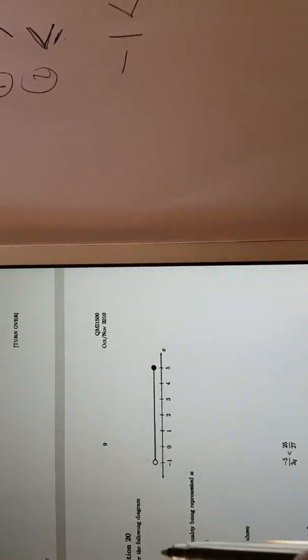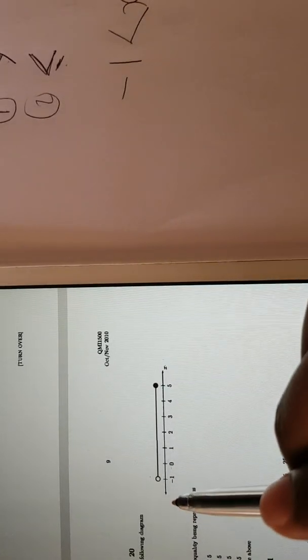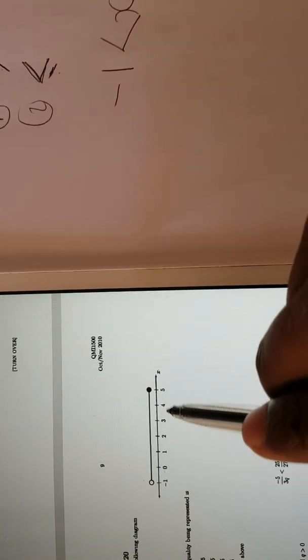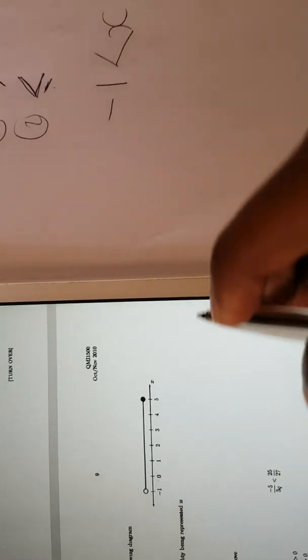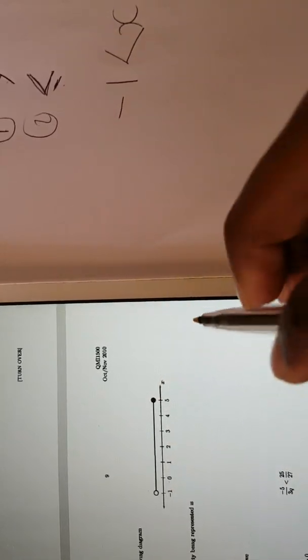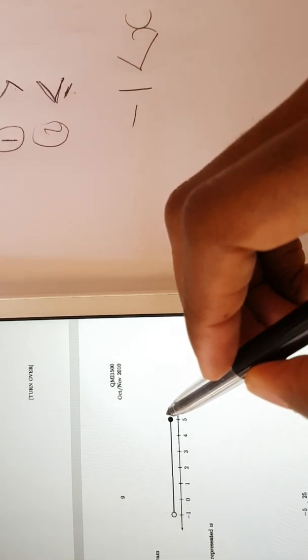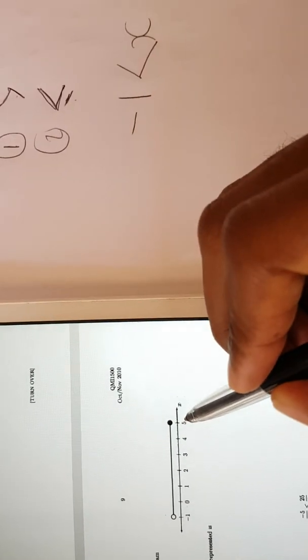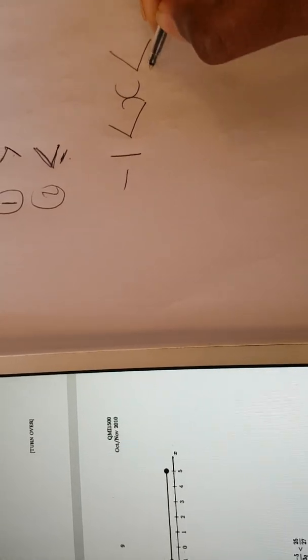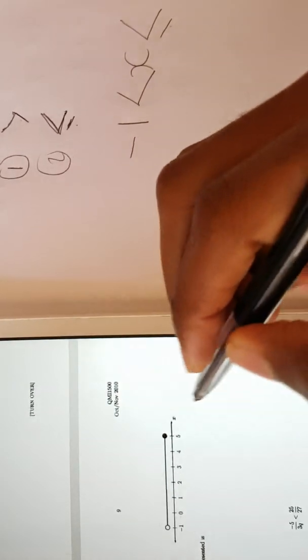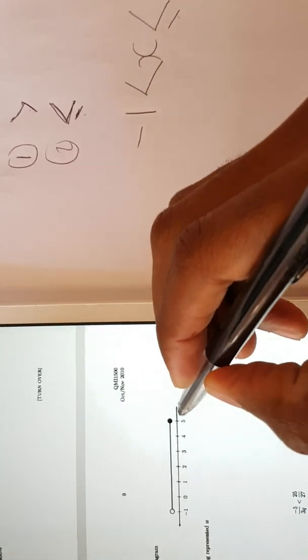And then this line starts from -1 and it ends at 5. So I'm going to say less or equals to. So it means it doesn't exceed 5. Why am I saying less or equals to? Because this one is shaded. So it's less or equals to what? To 5.